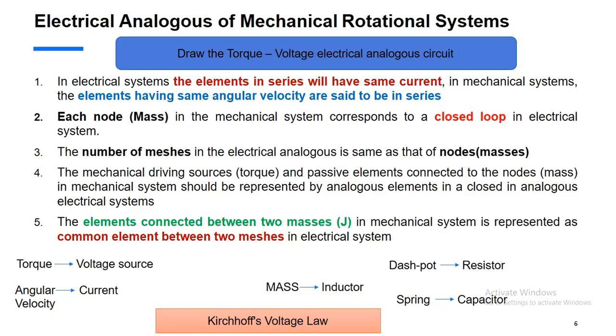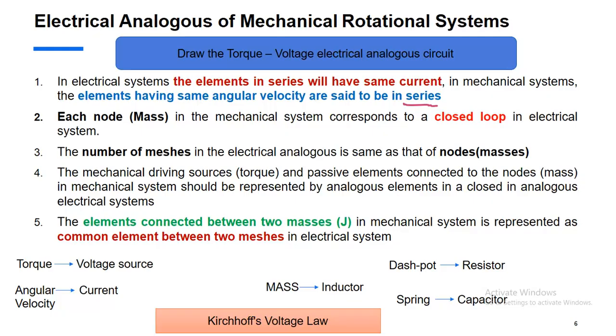Here, in an electrical system, the elements in series will have the same current. Similarly, in a mechanical system, the elements having the same angular velocity are said to be in series. The elements having the same angular velocity in the mechanical system should have an analogous same current in the electrical analogous system.